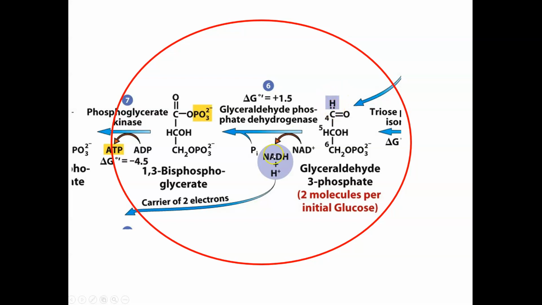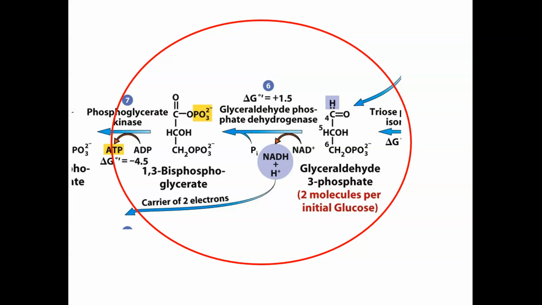And so one thing to recognize is, where did that hydrogen go? Well, that hydrogen, along with these electrons, got transferred to NAD+. And if you recall, we are referring to NAD+ as a high energy electron carrier.